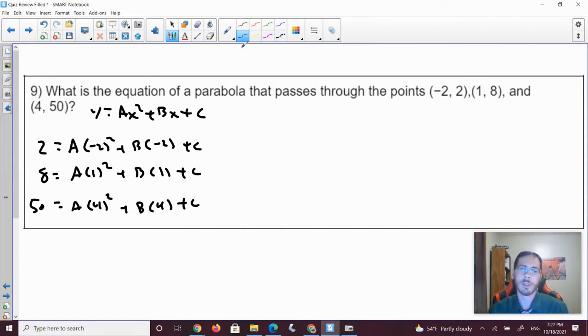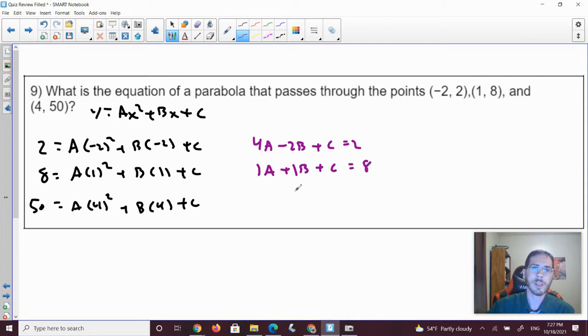And if we want to use it as a matrix, we can turn it into a matrix by saying negative 2 squared is 4. I'll write it this way first: 4a minus 2b plus c equals 2. Here we've got 1a plus 1b plus c equals 8.